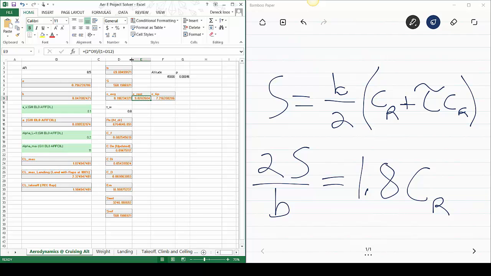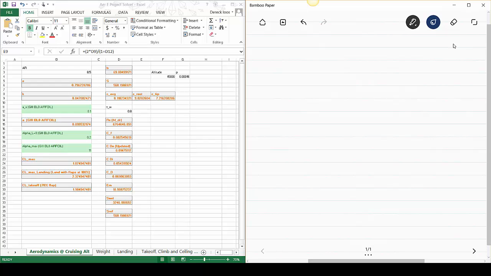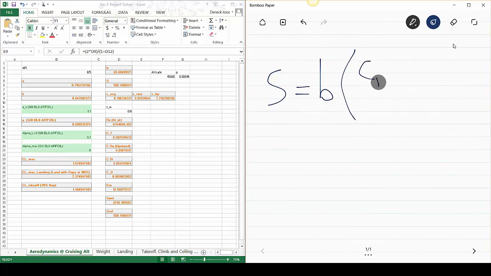And lastly, we can use the equation S equals B times root chord plus tip chord divided by 2 to solve for the tip chord. So again, that equation is S equals B times root chord plus tip chord divided by 2.